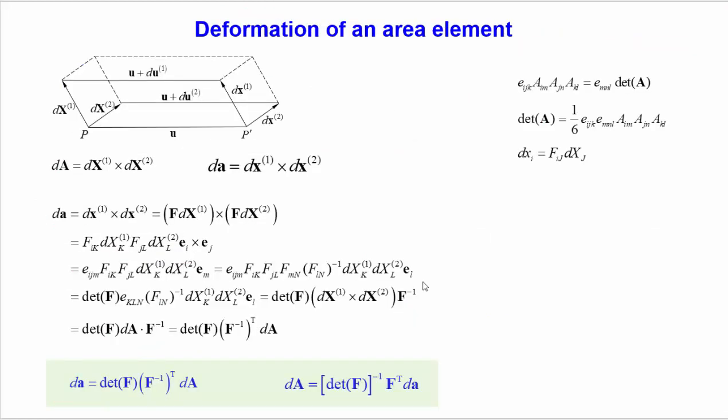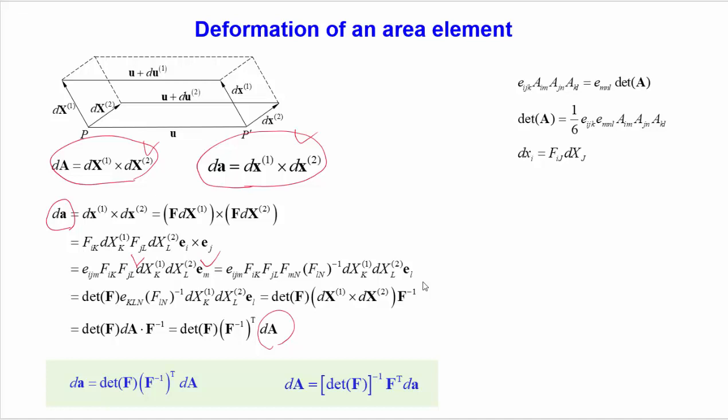The areas of an area element in the material and spatial coordinate systems are defined by these relations, respectively. Now, let's transform the area of the area element in the spatial coordinate system into that in the material coordinate system in the same way as we did with the volume element previously. Up to this point, the procedure is straightforward.